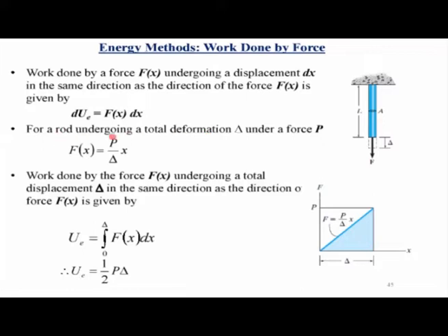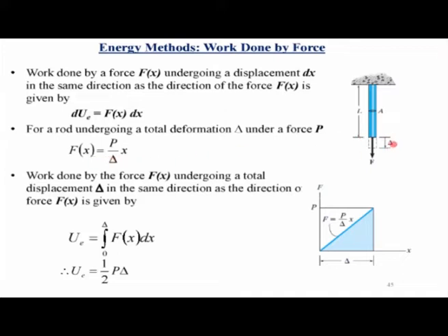Now if the rod undergoes a total deformation of delta under this load P, then at any deformation x between 0 and delta, the force that has to be applied is proportional to the deformation of the rod.